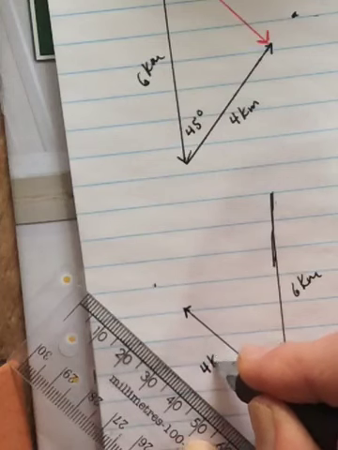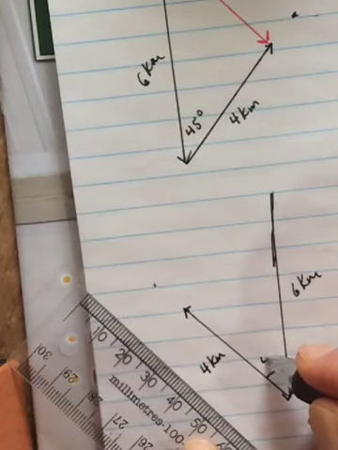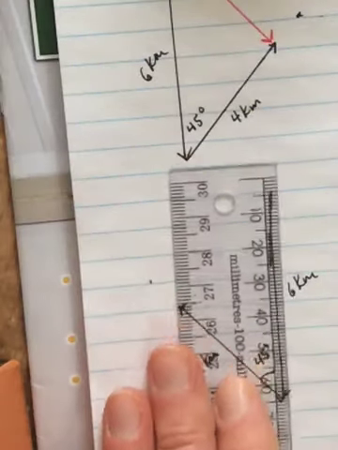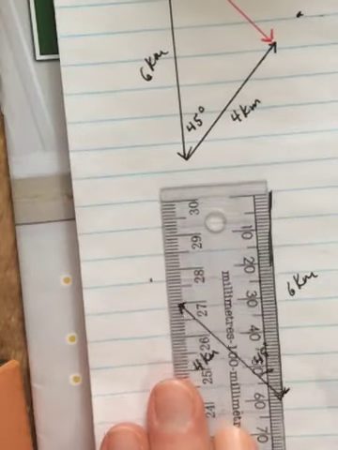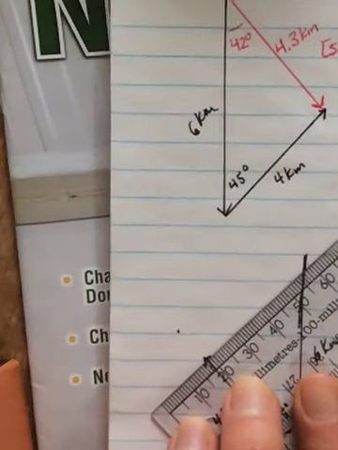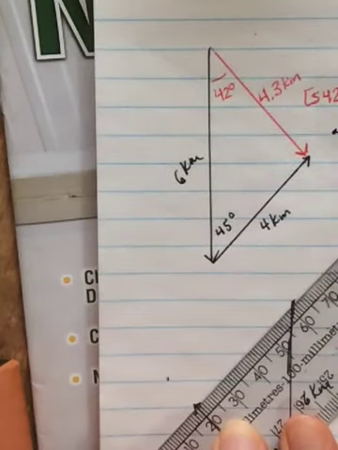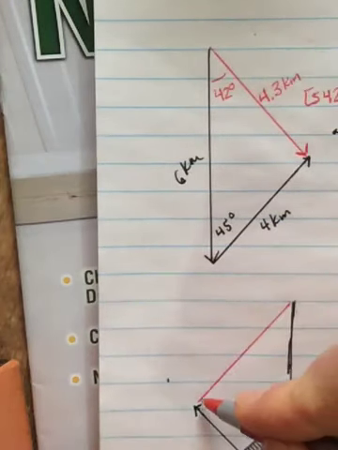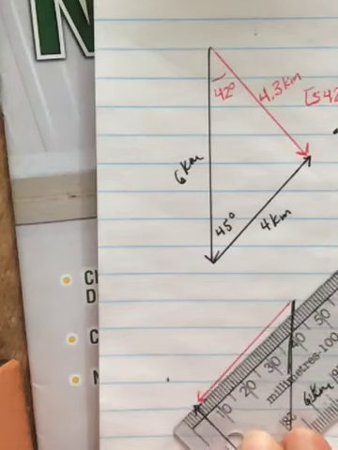So this is 4 kilometers. This is 45 degrees. Draw in your resultant. Is this really 6? Because it looks awfully long. Oh, it really is 6. Draw in your resultant. There it is. Measure it.